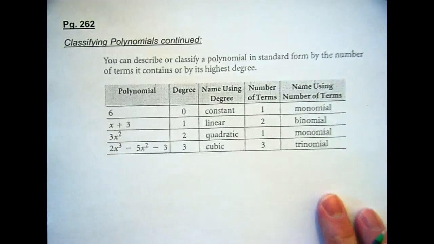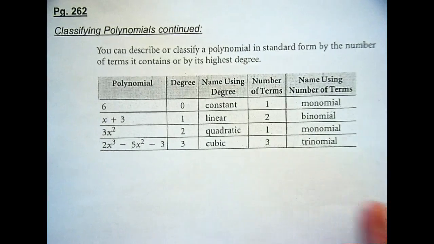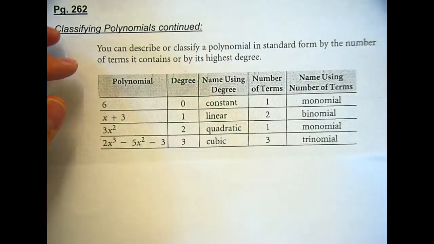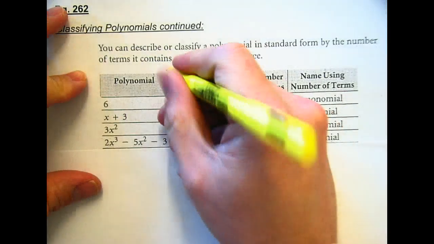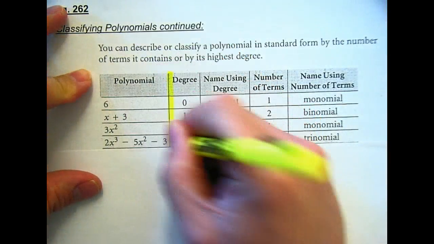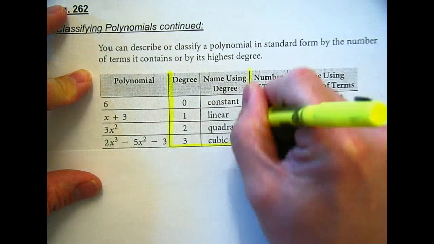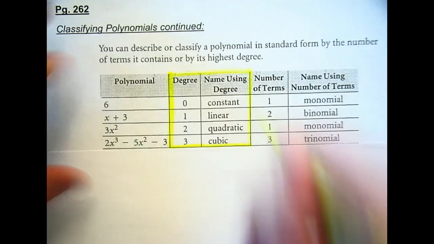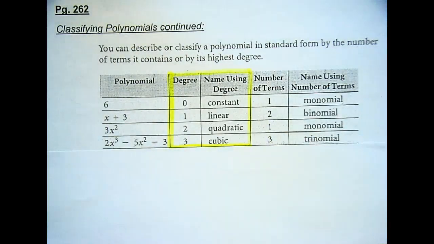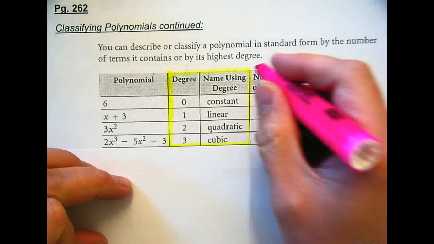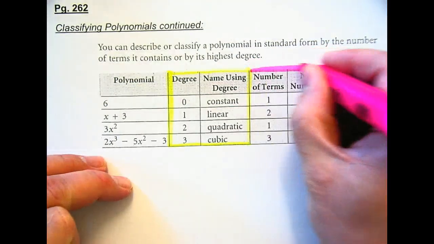They're also right here. We will be classifying based upon degree and then based upon number of terms. So there's our classification based upon degree. Here's our classification based upon the number of terms.